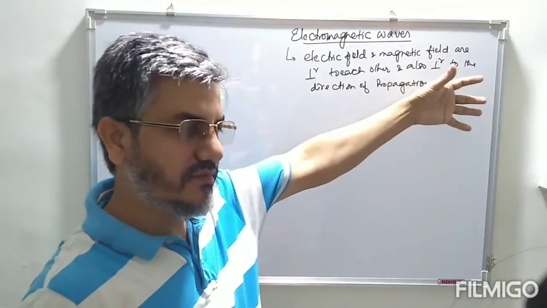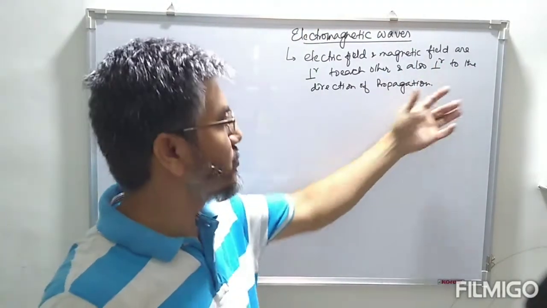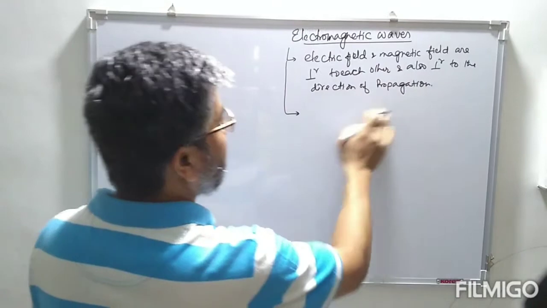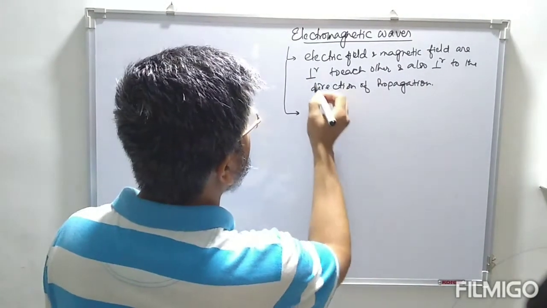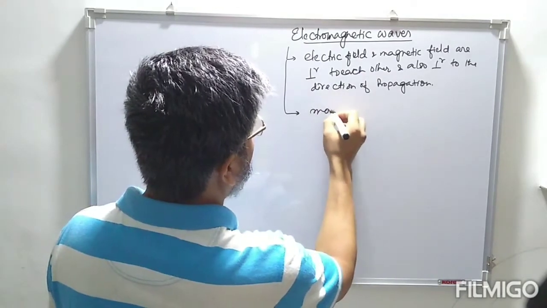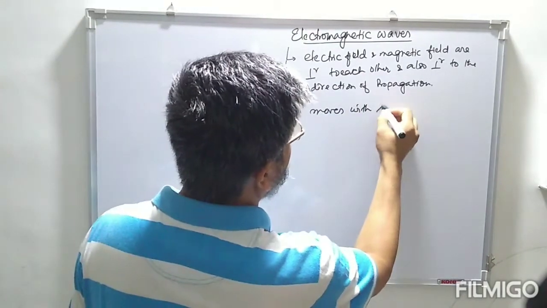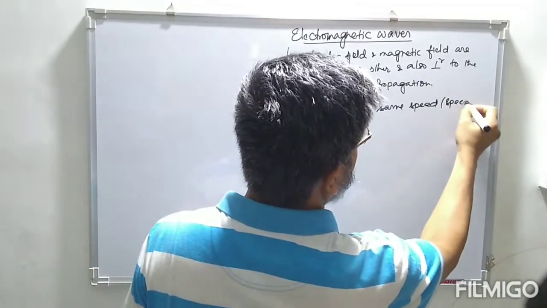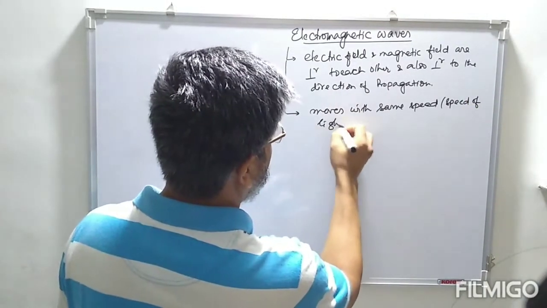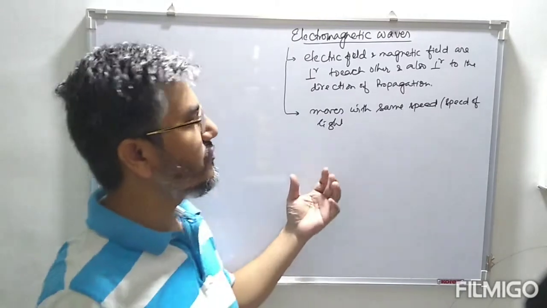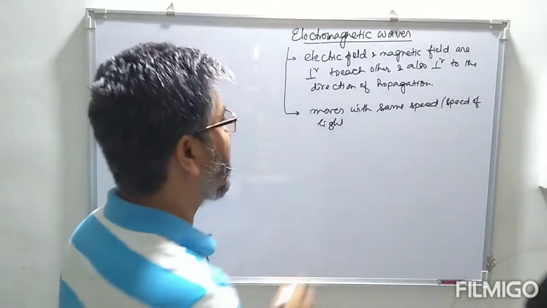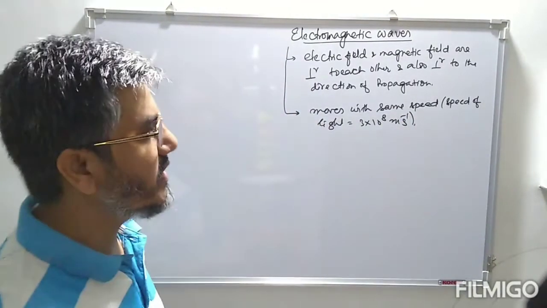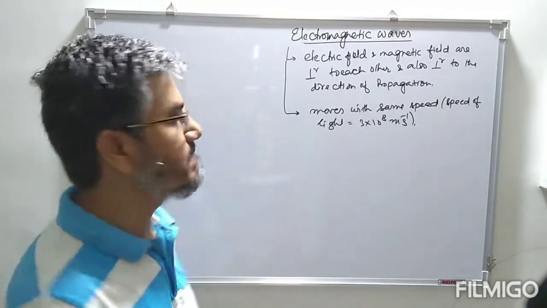All these electromagnetic waves move with the same speed, that is the speed of light. That means for every electromagnetic wave, the speed is always constant, that is the speed of light, which equals 3 into 10 to the power 8 meter per second.